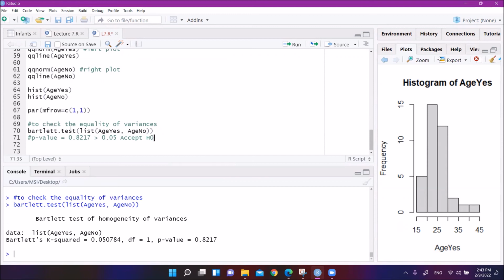This is for equality of variance. What variance is? Population variance, right? So always we are doing a hypothesis test for a population parameter. So the population variance of this one and the population variance of this one, they are equal.